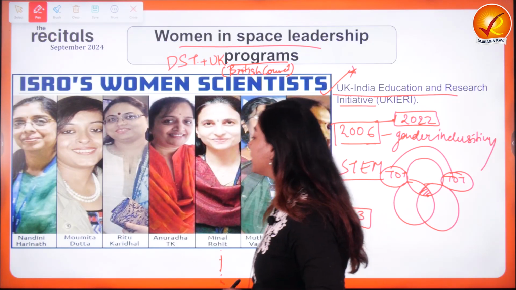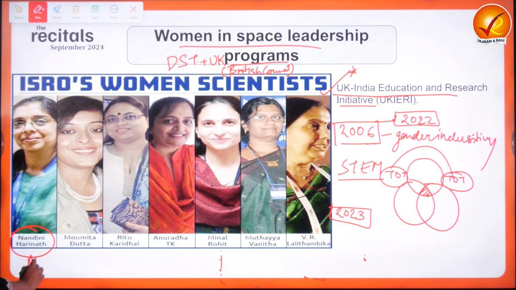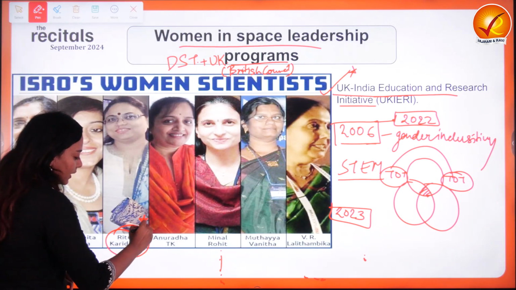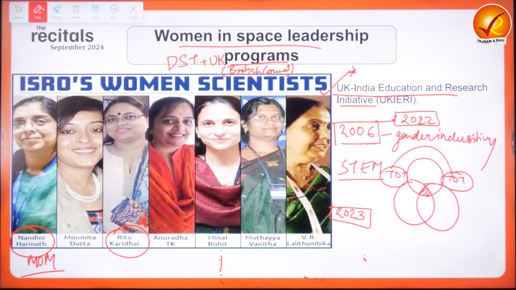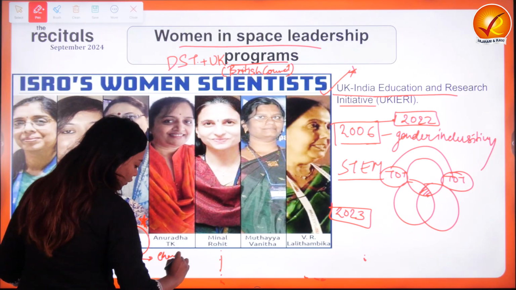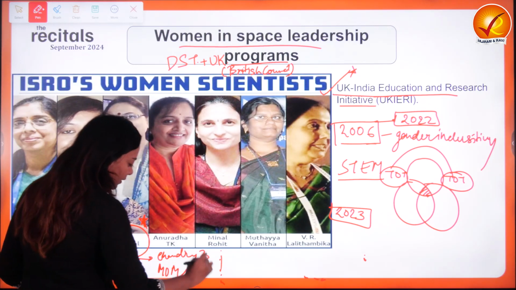These are Nandini Harinath, who was very significant in the success of the MOM mission, the Mars Orbiter Mission. Then Ritu Karidhal, we all know about her. Why is she famous? She is famous for being the program director of the Chandrayaan 2 mission and of the Mars Orbiter Mission or Mangalyaan mission.